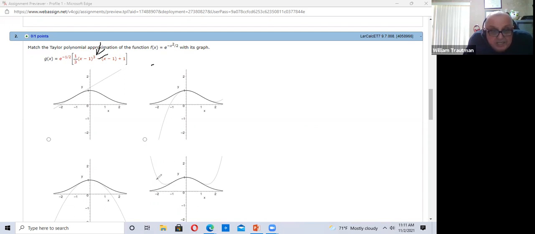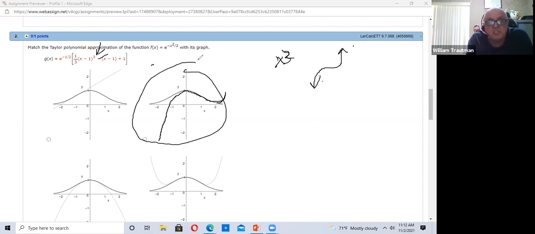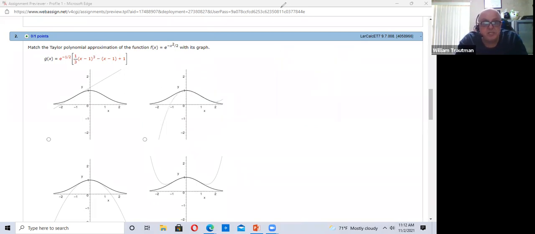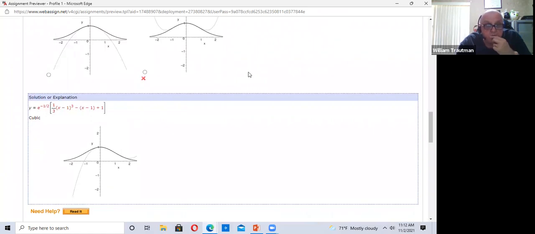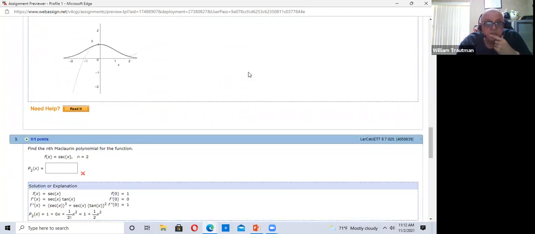If you remember x to the 3rd graphs, they look like this: the right side is up, the left side is down, and that's what this one is doing. It's kind of hard to see, it's really light. That's what it looks like there. Those should be easy to spot if you just remember how you graph them from algebra.